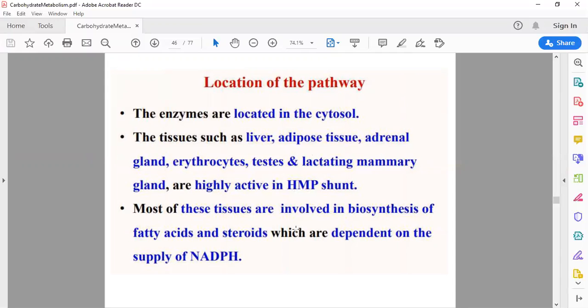Most of these tissues are involved in biosynthesis of fatty acids and steroids, which are dependent on the supply of NADPH.